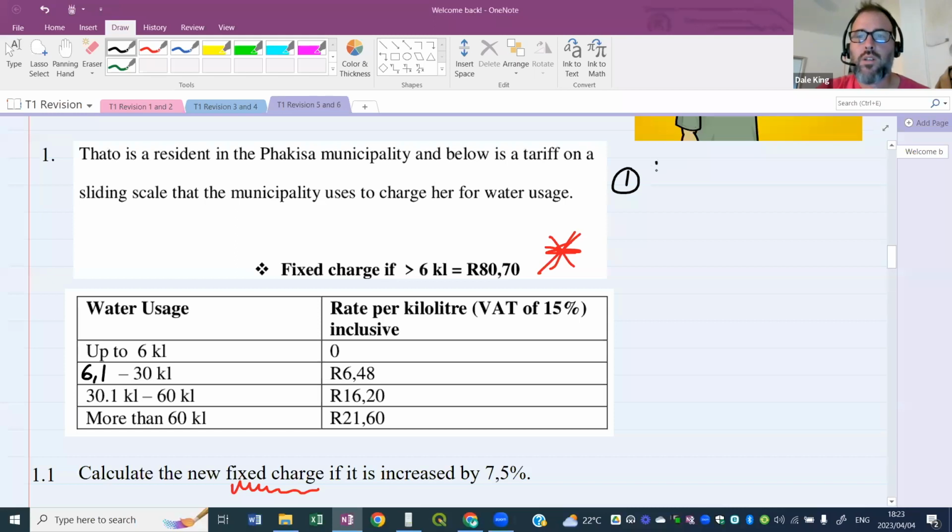So we're going to say 15%. I'm going to stop using this process eventually, but let's just write it down for now.